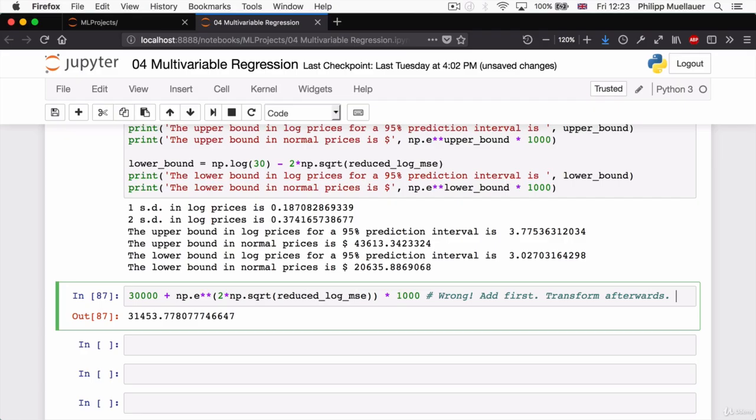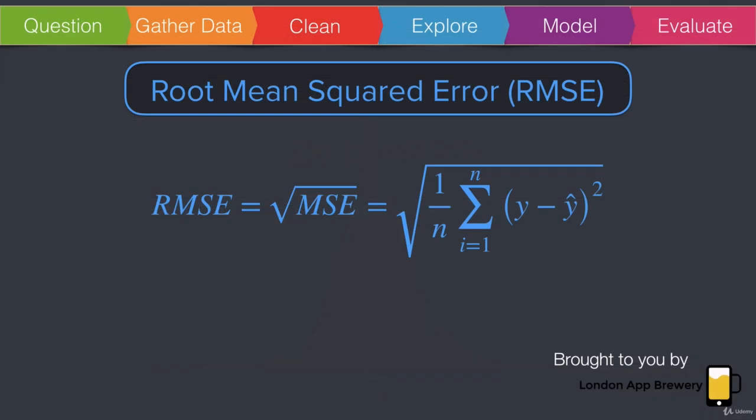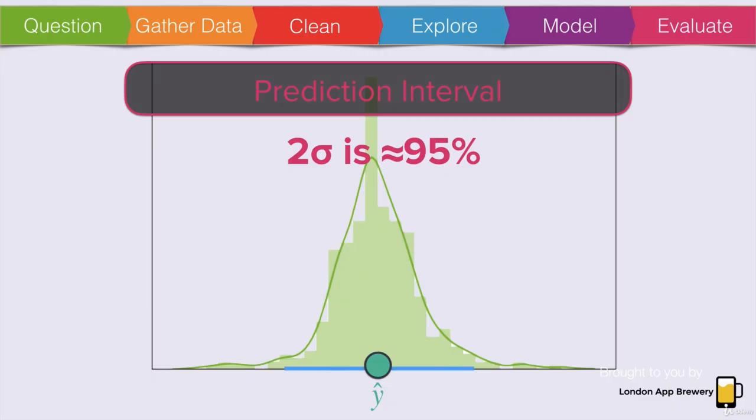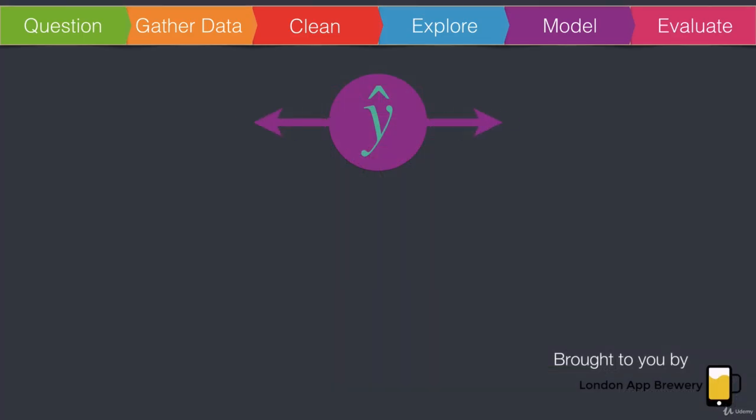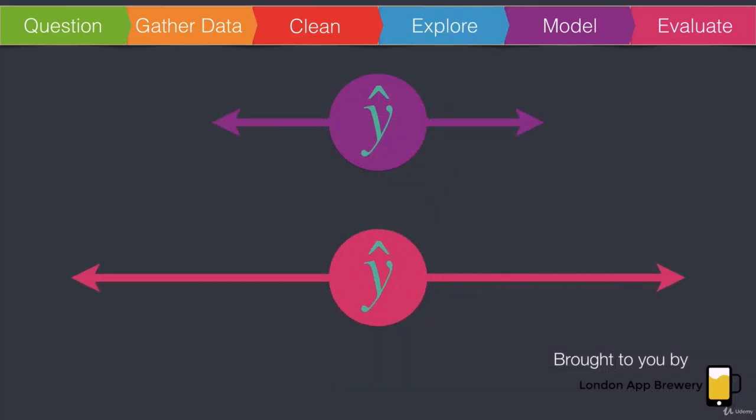In summary, we often look towards the root mean squared error when we're interested in the predictive power of our models. And to some extent, we can use the root mean squared error to also compare the models. The reason is that the root mean squared error is a very good measure of how accurately the model predicts the target, because we can determine a range.